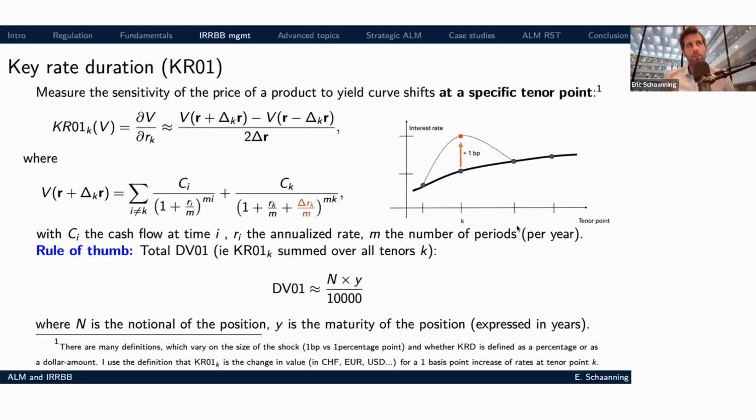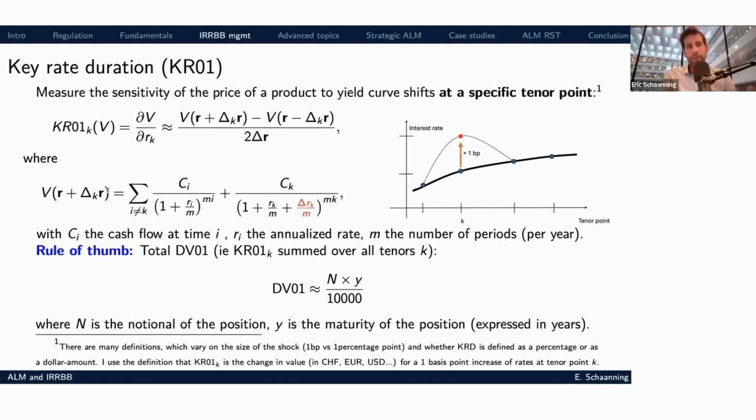So there's a way we can turn the gap profile into a sensitivity profile. And what KR01, so key rate duration 0.1 for 1 basis point, actually tries to measure is the change in value of whatever product you're looking at if the interest rate was bumped by 1 basis point at a specific tenor point. And how this is done in practice, I've just put down an example of finitely many cash flows.